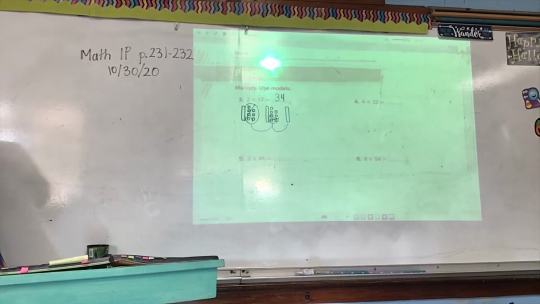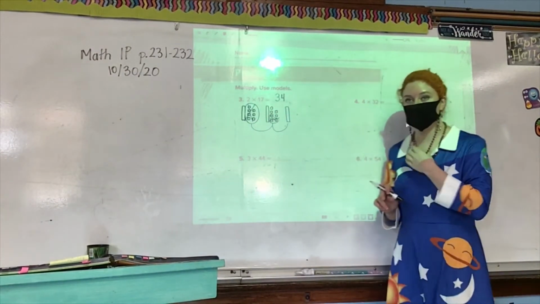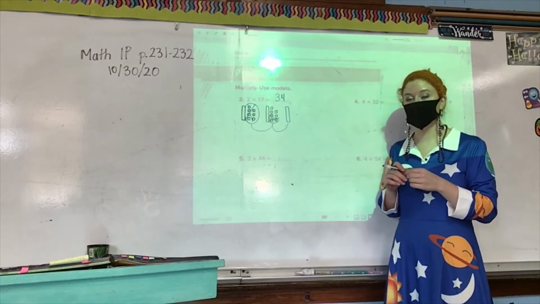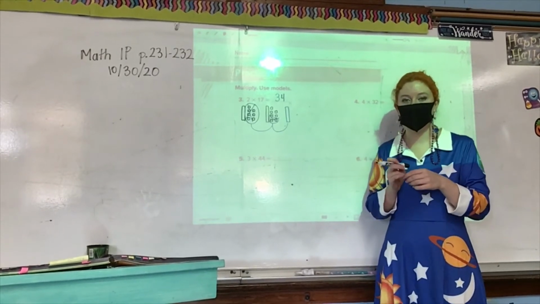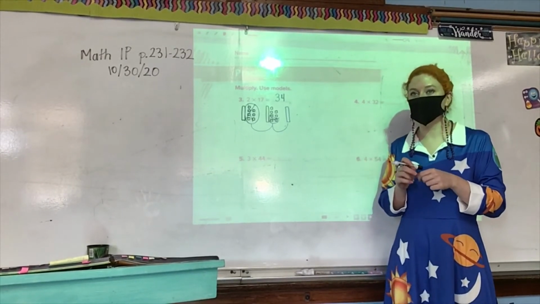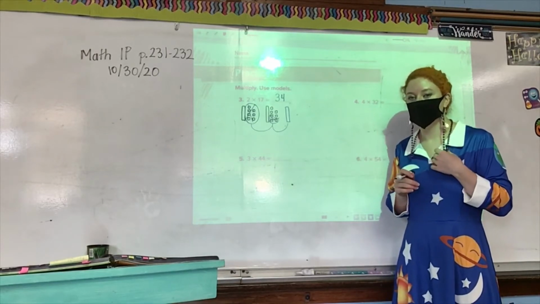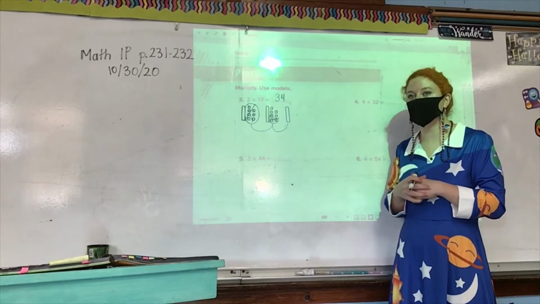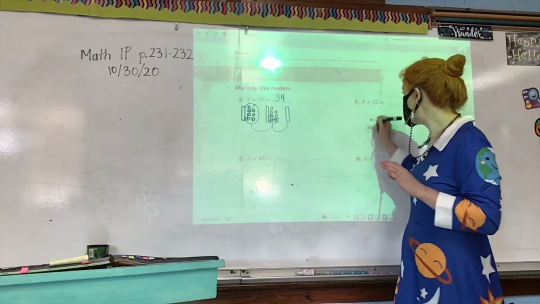So to model 32, we draw 3 of what? Which block? Who can help them out? 3 of which block? Carla? 10 rod. So which one, Ethan? 10 rods. We draw 3 10 rods.